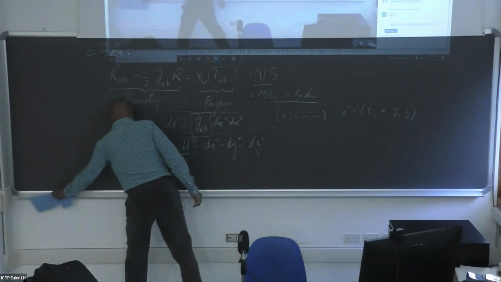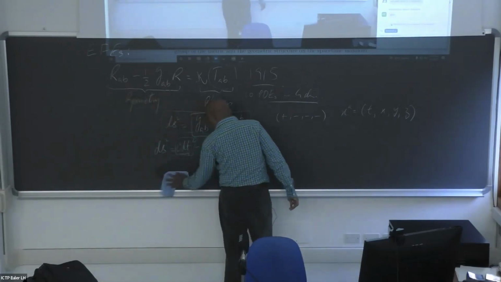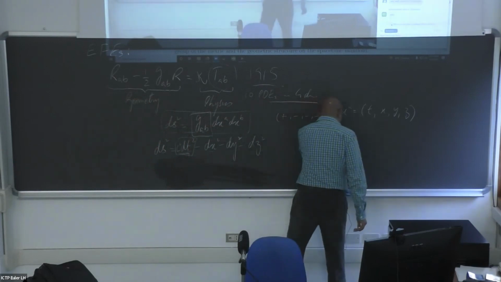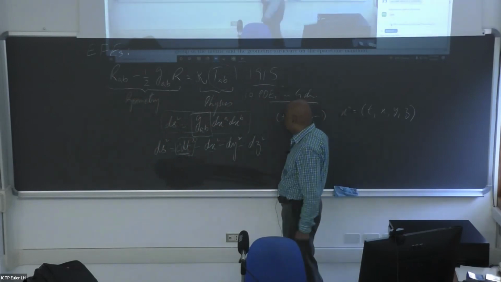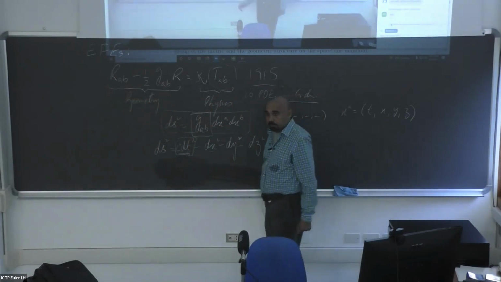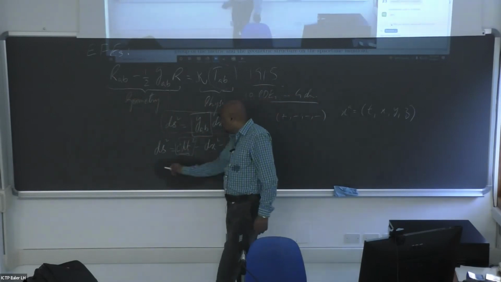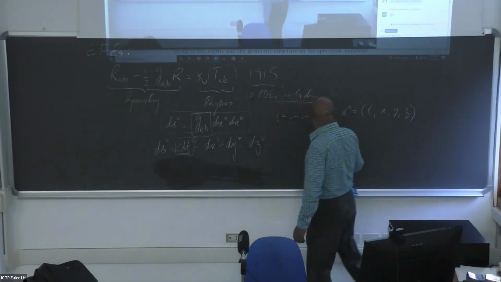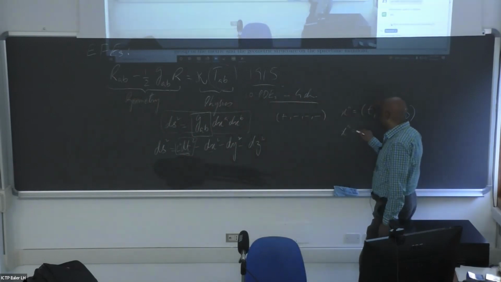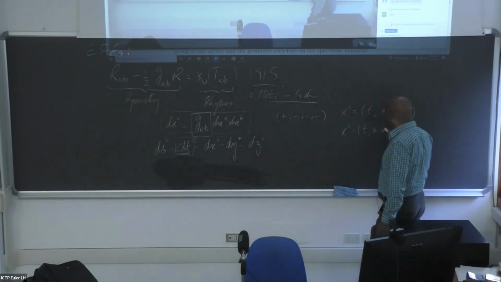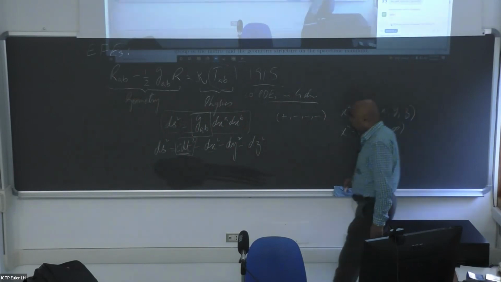But I also want to write it in spherical polar coordinates, because those are the coordinates that we will be mostly using when we study the solutions of these equations. So spherical polar coordinates are T, r, theta, and phi.